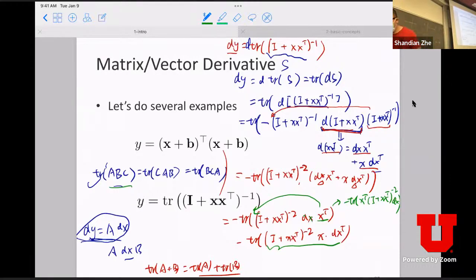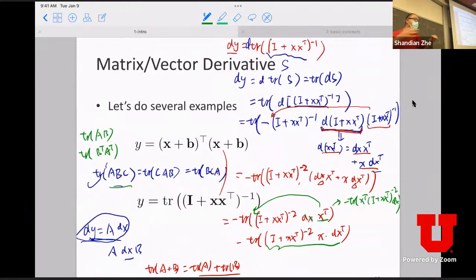This is another property of trace: the trace of A times B is equivalent to the trace of B transpose A transpose. Why? The diagonal elements won't change when you take a transpose.